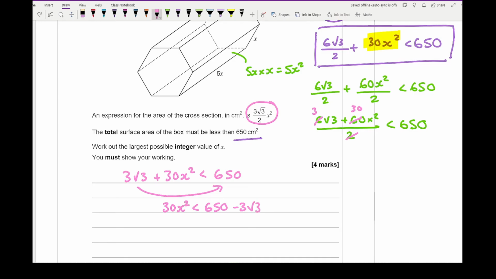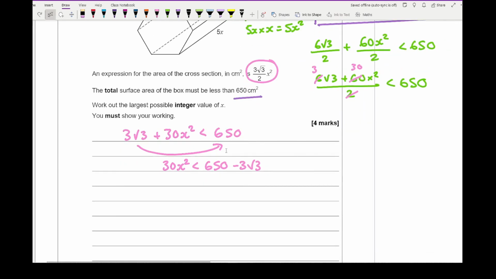minus 3 root 3. If I type that all into my calculator, let me just quickly do that. So 650 minus 3 root 3 gives me an answer of 644.8038476.